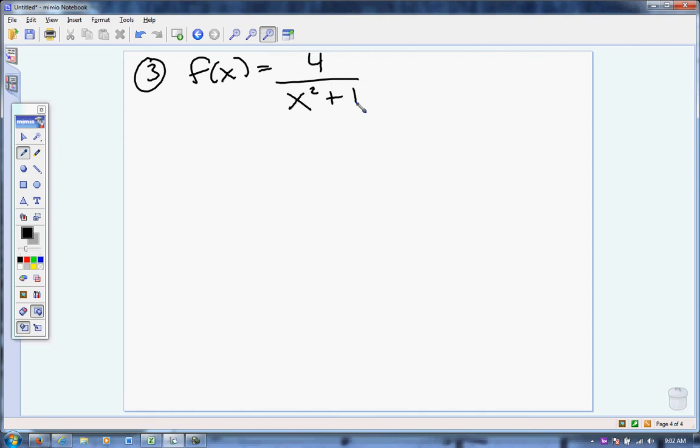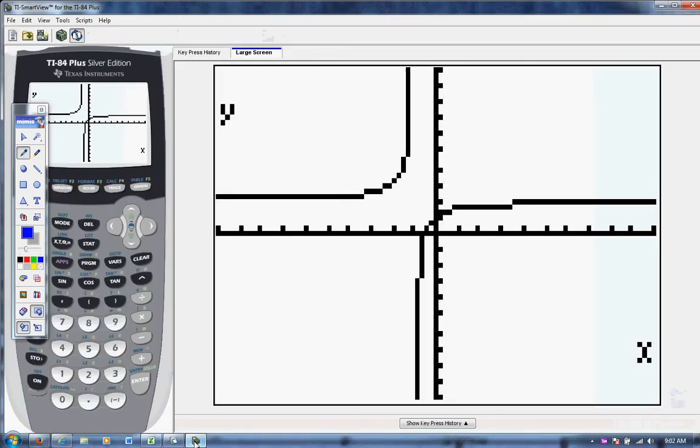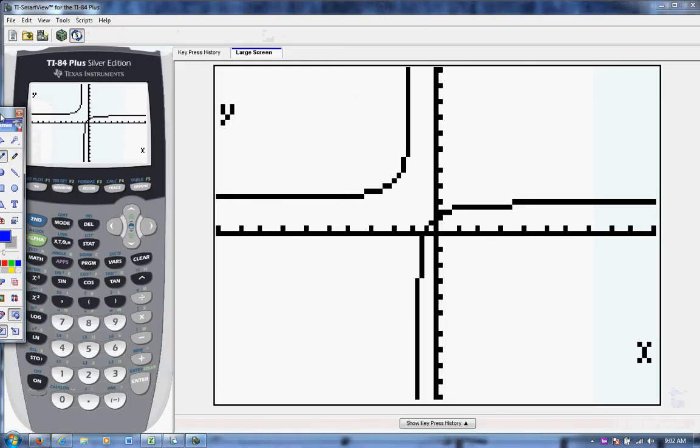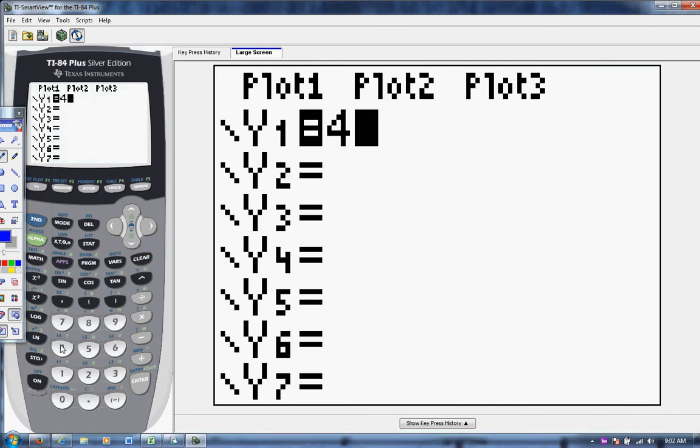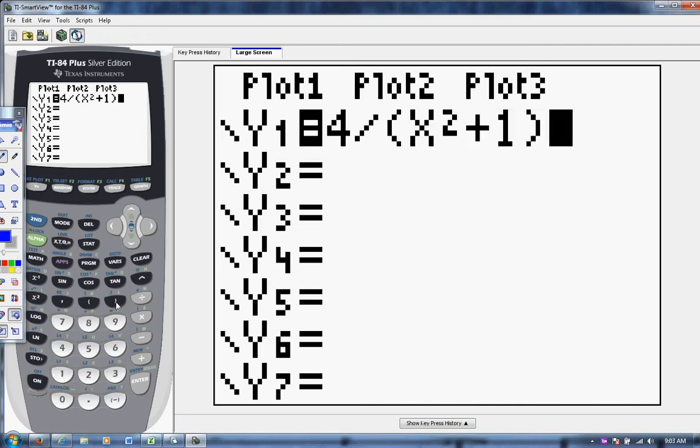When I square something, isn't it always positive? So there is no way that this denominator could be 0. So you might be thinking, well, okay, so there's no vertical asymptote. But there is a horizontal asymptote. Let's look at this one real quick. y equals 4 divided by the quantity x squared plus 1.